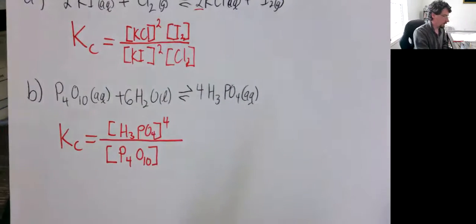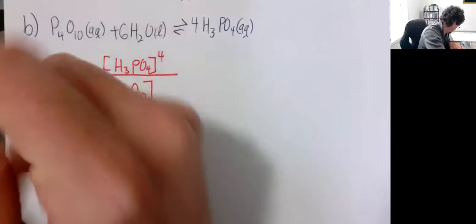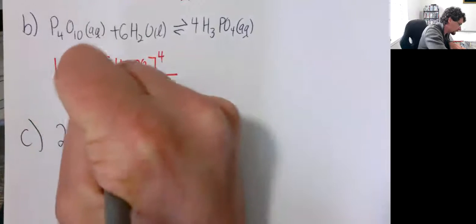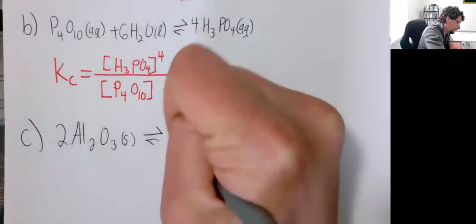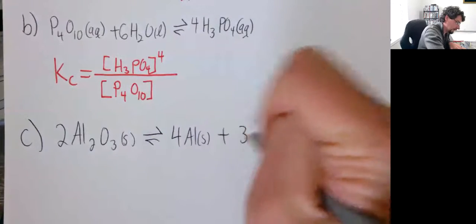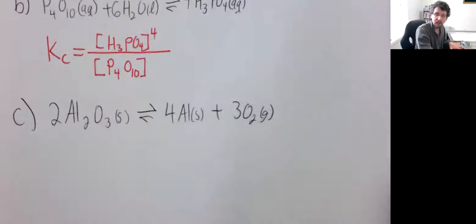Let's get even trickier. We have 2 aluminum oxides, or aluminum solid, 3 O2 gas. Now let's consider what that equilibrium expression would look like.